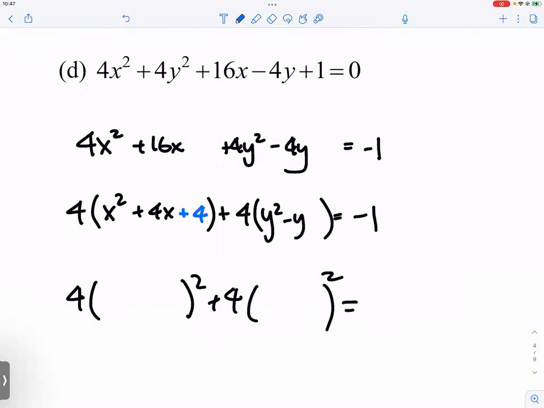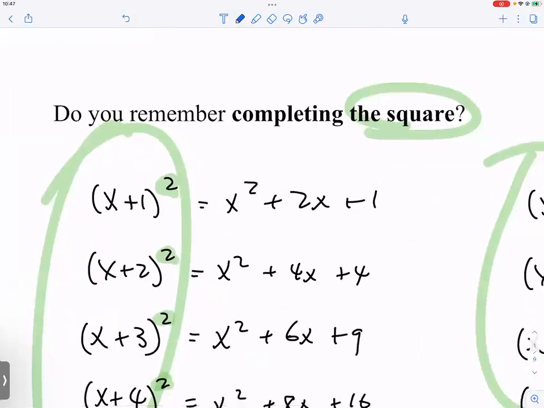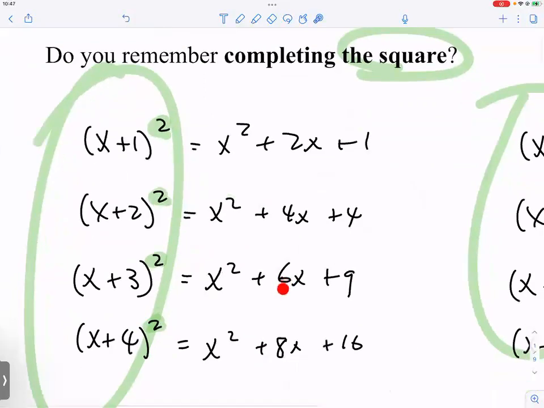To figure out what this number is, you would always divide the middle number by 2 and you square it. Because if you look at the work that you've done at the very beginning, you can realize the relationship between these numbers, like this and this, it's always 6 divided by 2, and you square it, that's 9. 8 divided by 2, which is 4.